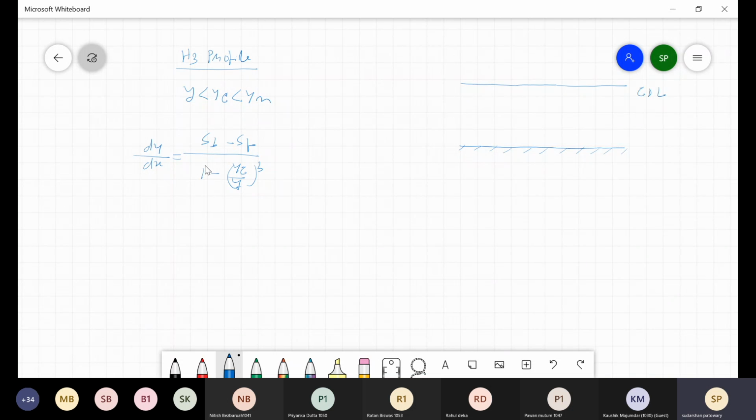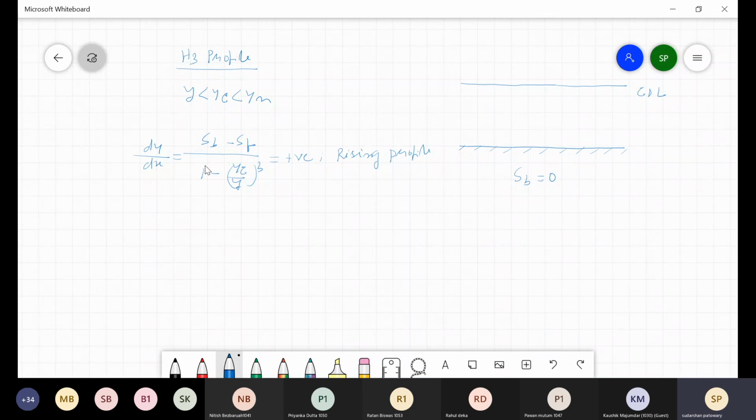So SB is 0 here. So ultimately what will you get, positive or negative? Positive. Rising profile.